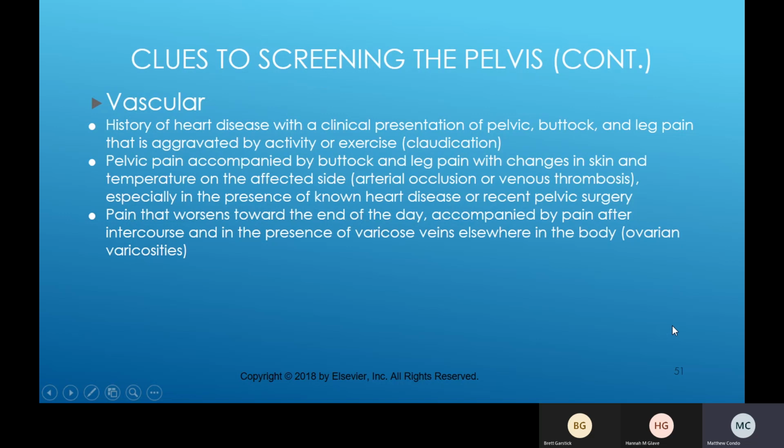If I see temperature changes, and think about the aorta and how it branches off into the common iliac arteries. If I have a common iliac artery occlusion, what I'm probably going to see is there might be some pelvic pain, because think about where that aorta branches out, right about L5-S1. But then I'm going to have an entire leg that's cold, shiny, right, because it's not getting any sort of arterial flow.